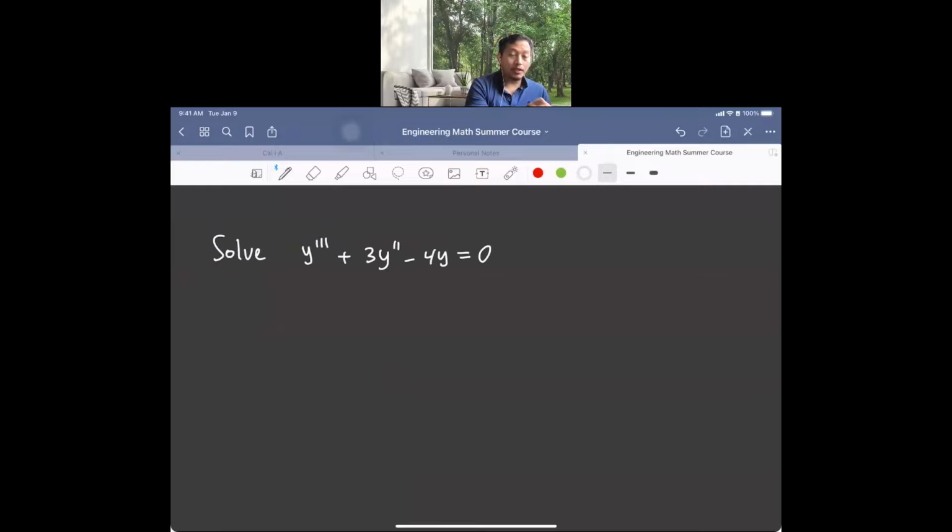From here, we can directly write the auxiliary equation: m cubed plus 3m squared minus 4 equals 0. Then we need to solve for m.